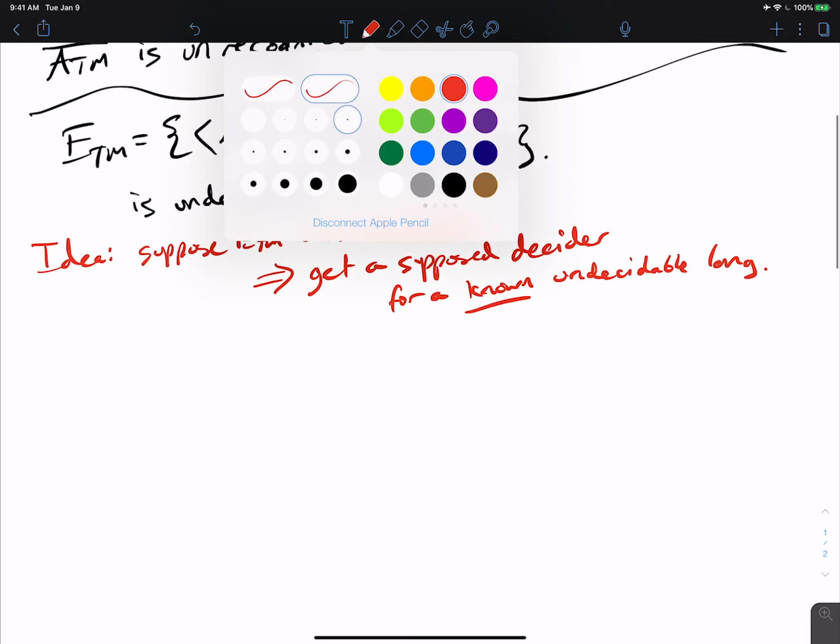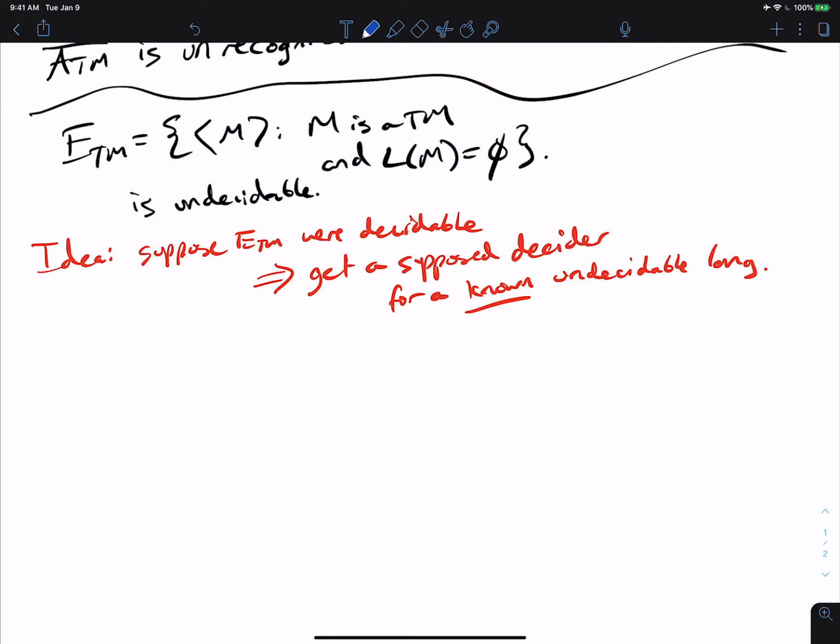So how's this going to work? Here's the proof. Let's suppose that E is a Turing machine that decides ETM. Remember that any decider for ETM must take a Turing machine and nothing else and determine whether or not its language is empty.